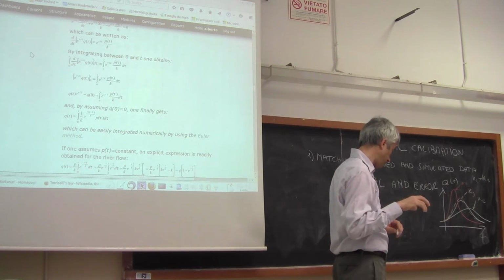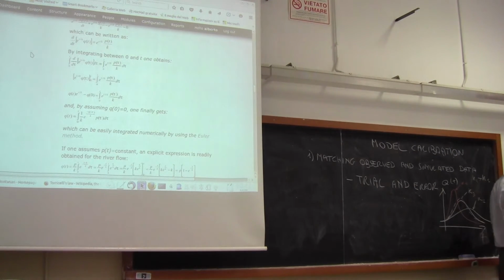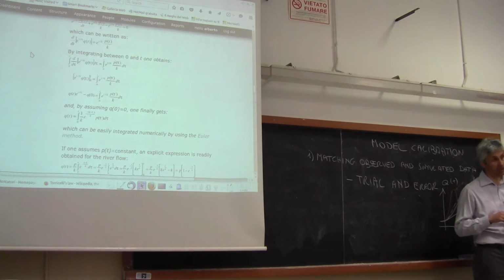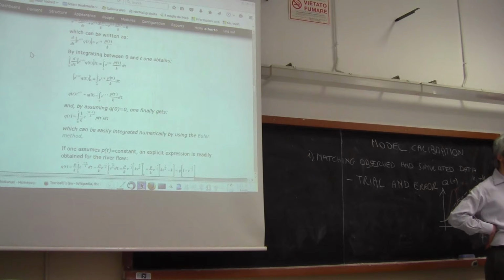People made a lot of progress, and today every statistical package, but also Excel, is equipped with optimization algorithms, which means that they look at the various combinations of parameters for you and identify the best one, which is very handy and makes calibration faster and faster.